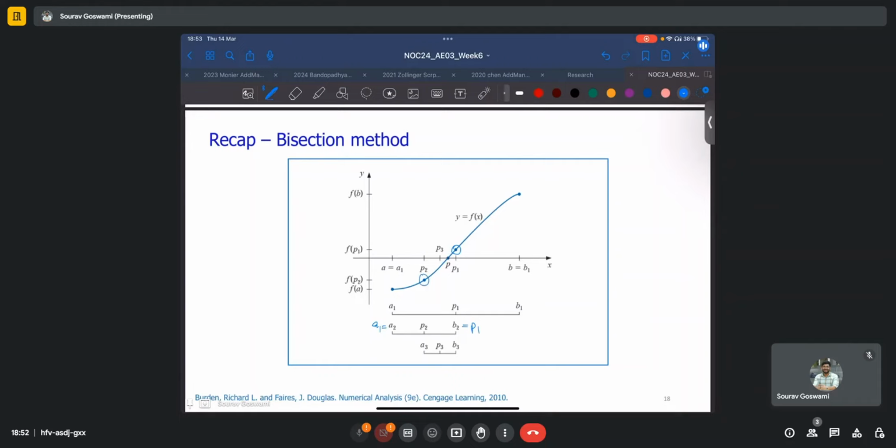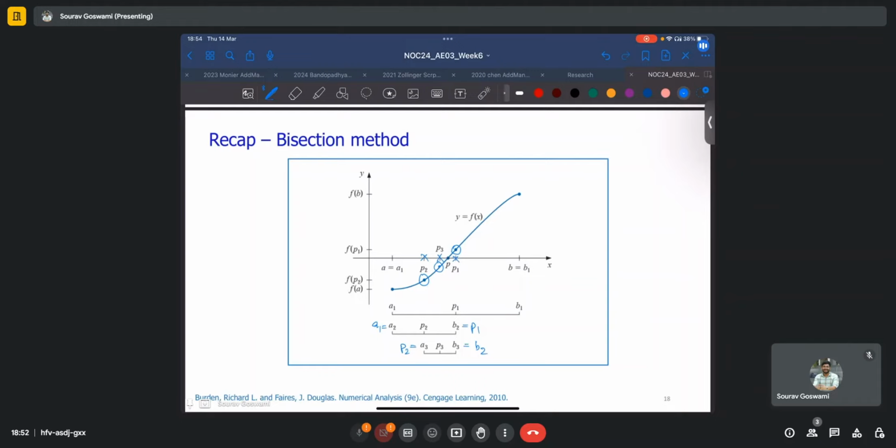And we see that the value of the function at p2 now is negative. So it is the same sign as the value of the function at a1. So now we'll have to change a1. And so p2 becomes a3, whereas the other end of the interval, which is b2, remains the same. And then we obtain the third point, p3, which is here. Again, we see that the value of the function at p3 is negative, so a will change.